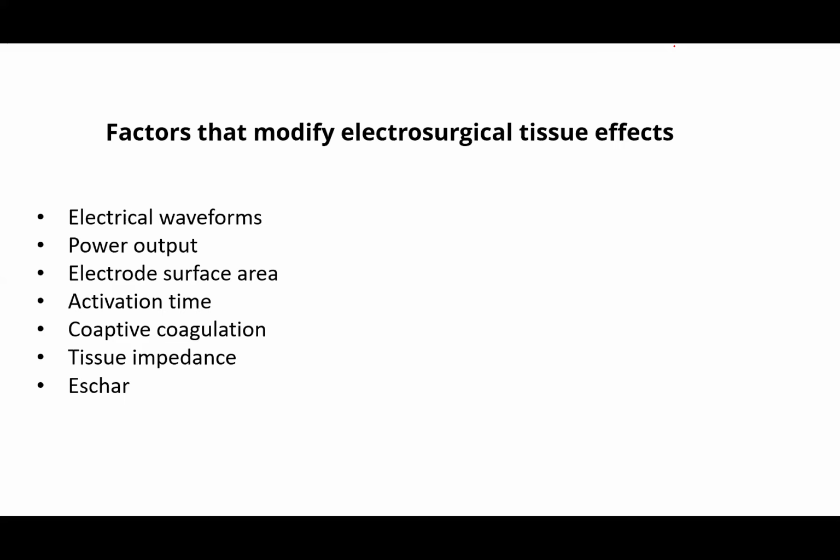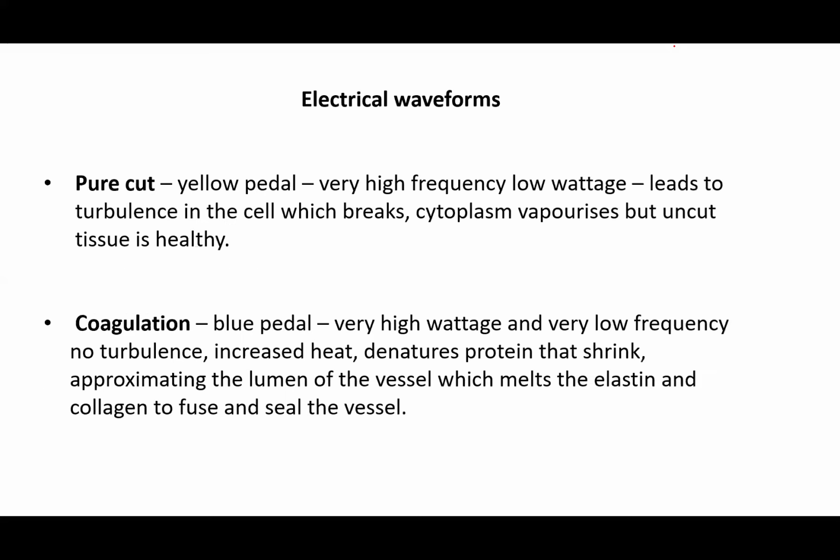Electrode surface, activation time, tissue coaptation, tissue impedance, and eschar. All these are factors that will modify the effects. I think we've talked about pure cut, yellow pedal, blue pedal. We do all this.